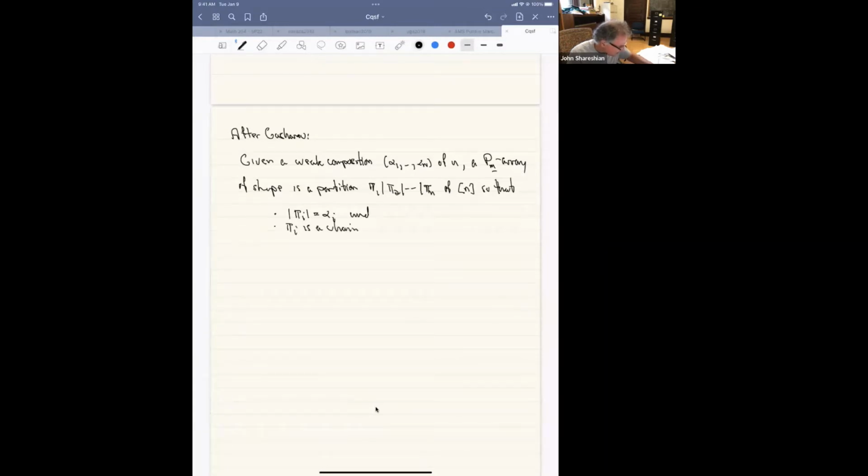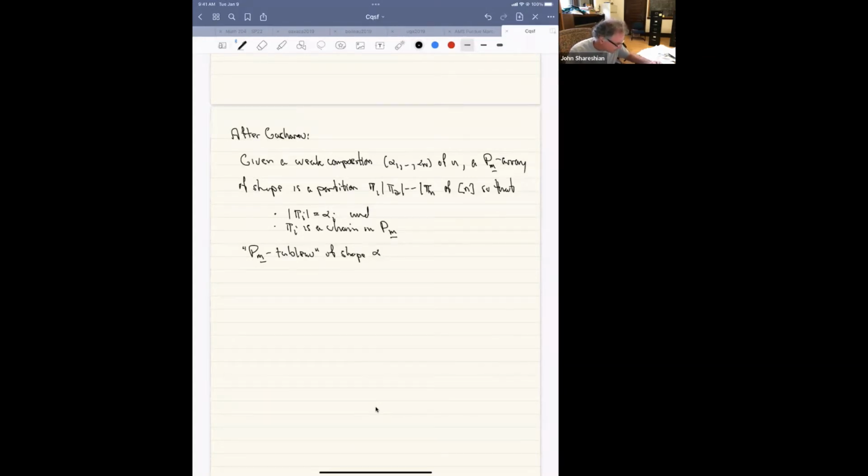And each pi I is a chain. Right. So we'll call this PM. Well, I'm calling it an array, but it's like a tableau.